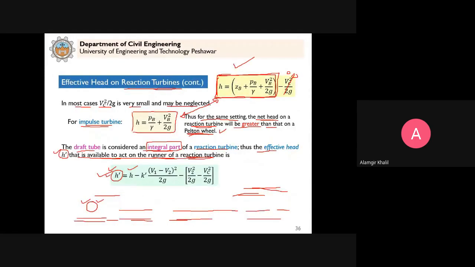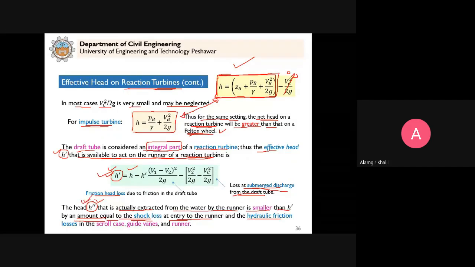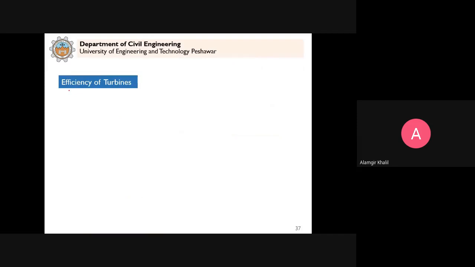So now H double dash is consistent with the impulse turbine H double dash. So this is the power that is actually extracted, gamma Q into H double dash, that is actually extracted from water by the runner. Clear?